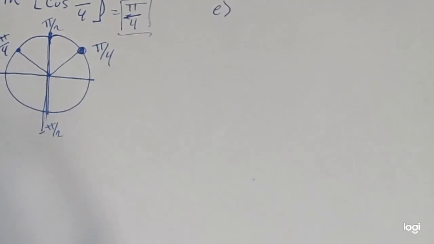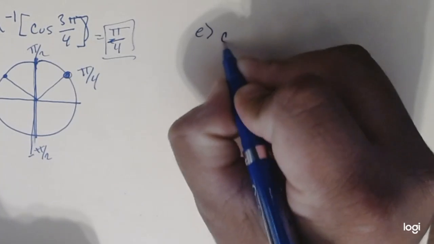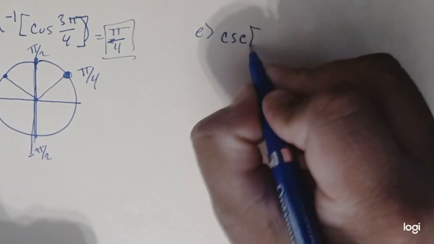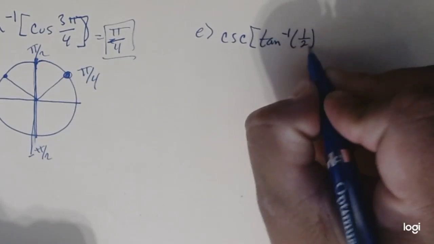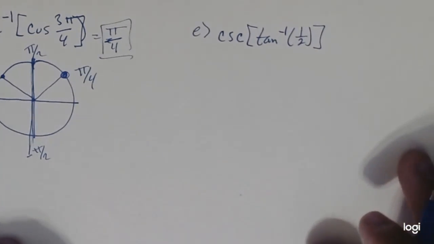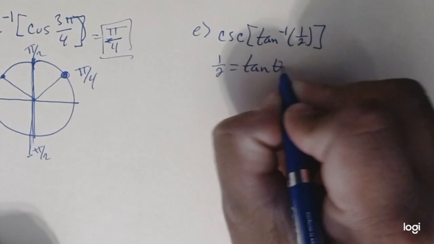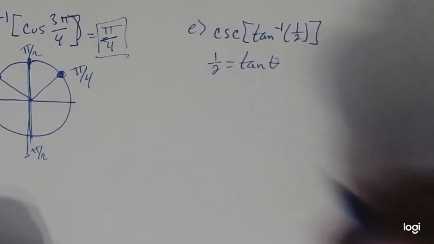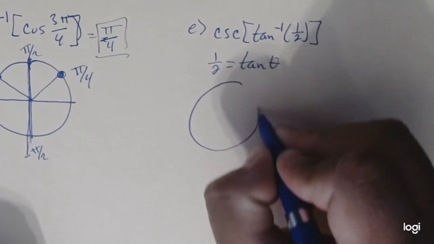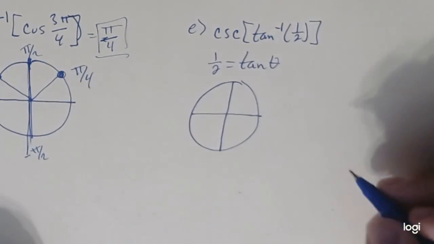See if you guys are paying attention. Okay. So E says we want secant or cosecant of tan inverse of 1/2. So same process. This is 1/2 is equal to tan theta. Okay. All right. So going back to our unit circle. Right.